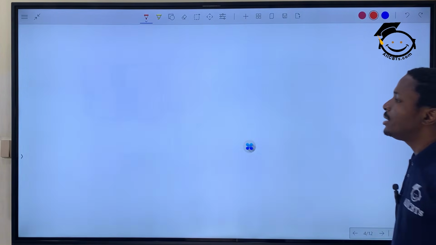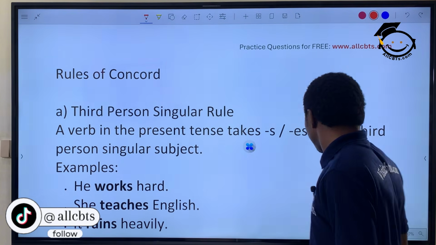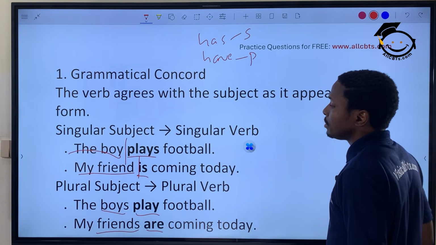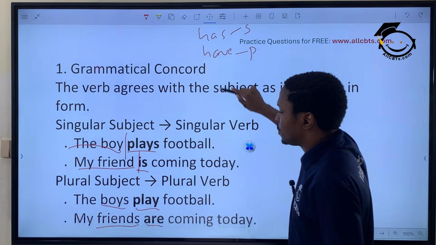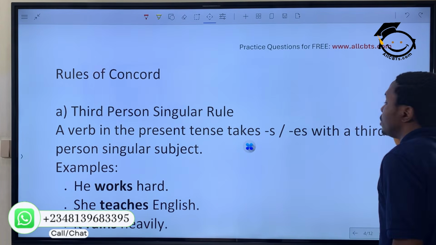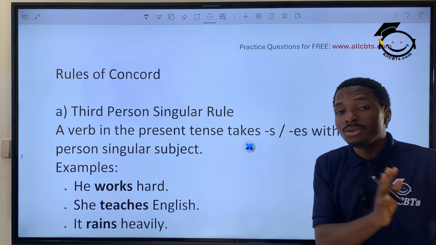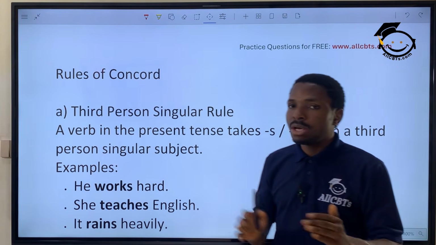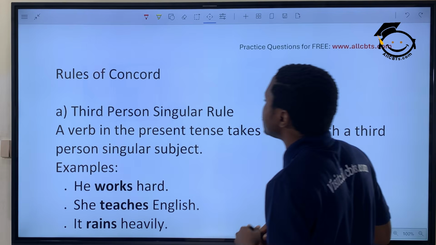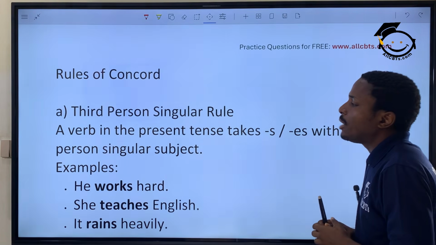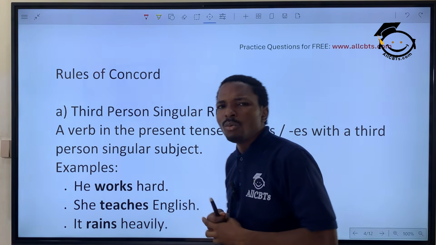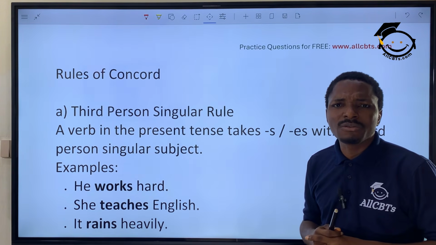Right. Now next, rules of Concord. These are the rules behind all these explanations we just did, and some others we will be doing. Third person singular rule. What is a third person, first of all?